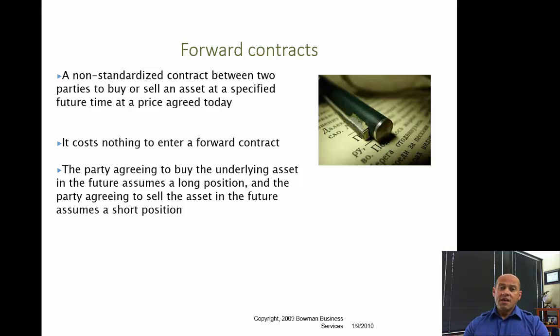So in other words, if I have a 90-day transaction and I get a 90-day forward window hedge, I'm protected 30 days past the 90.